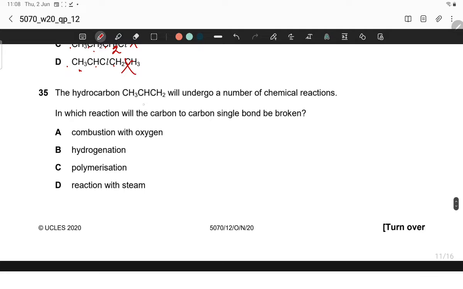The hydrocarbon CH3CH=CH2 will undergo a number of chemical reactions. In which reaction will the carbon to carbon single bond be broken? Combustion with oxygen.